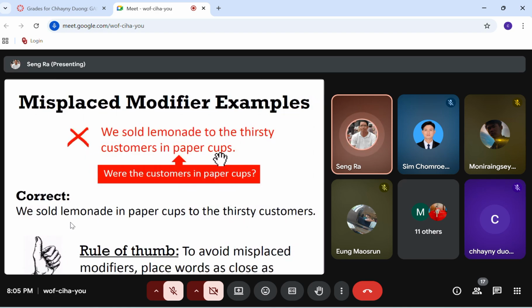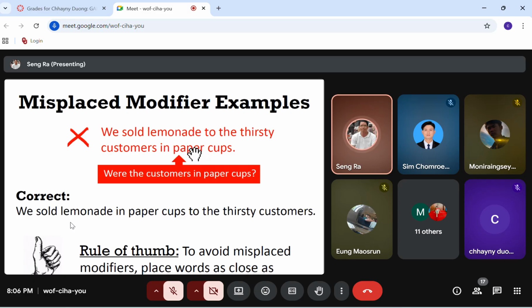Or the lemonade in paper cups to the customers. For certain, I think the writer, the speaker, wants to refer to the lemonade in a paper cup.